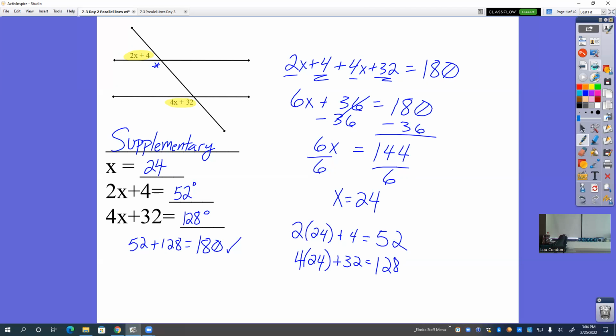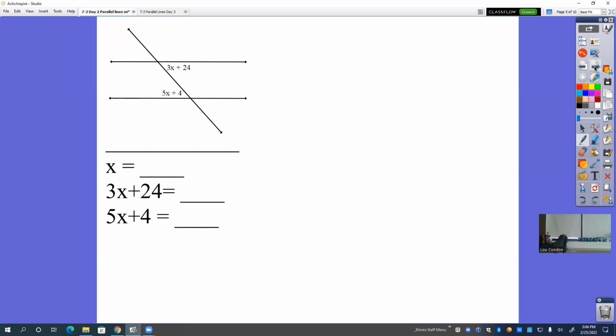Now we have angles that are both inside the parallel lines, so they're in between the parallel lines, and they're on opposite sides of the transversal. So therefore, we know that they are alternate interior angles. I abbreviated for alternate, but you get the idea.